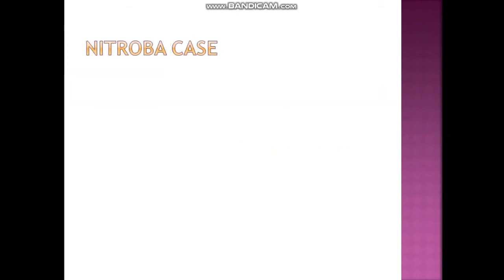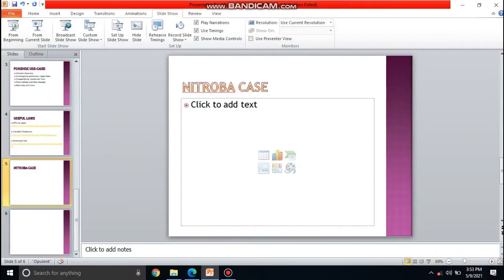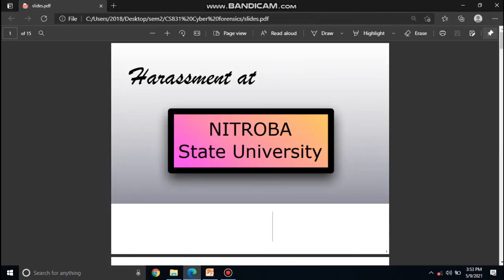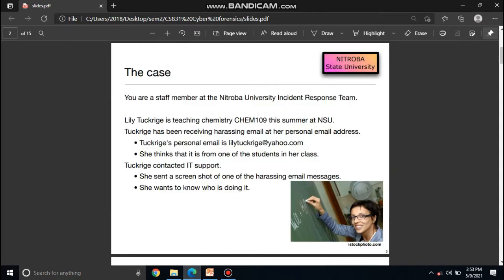Now let's discuss the Nitroba case and what the case is about. It is a harassment case at Nitroba State University, in which a professor called Lily Tuckrige, who teaches chemistry, received a harassing email at her personal email address.